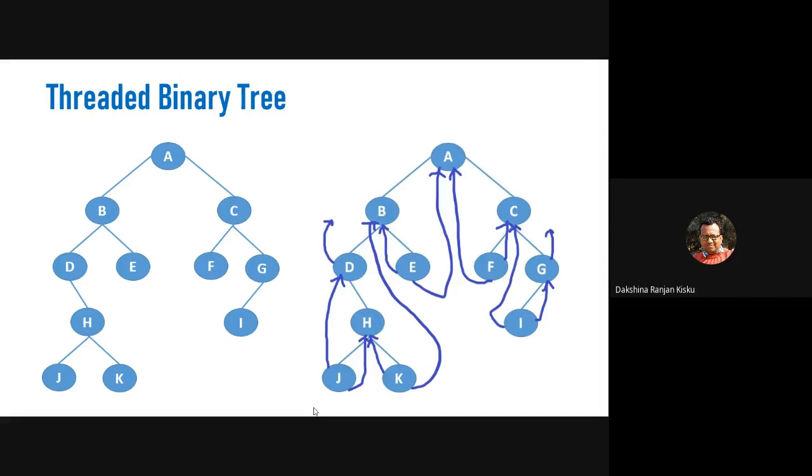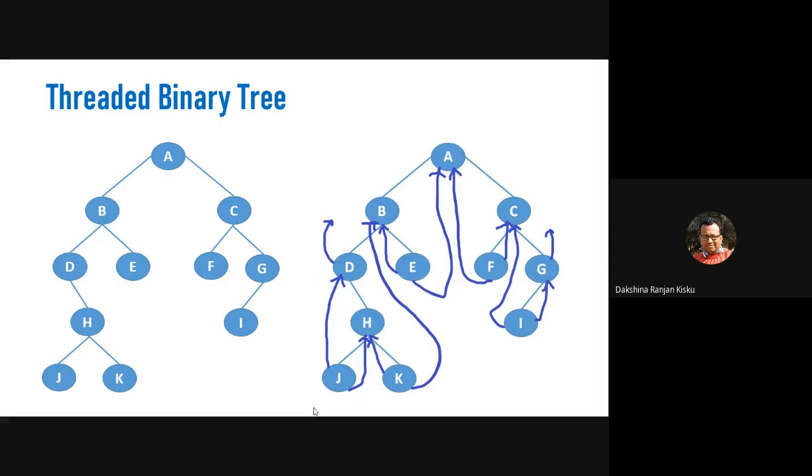Now here you can see that on the left hand side we have been given a binary tree. On the right hand side, on the same binary tree, we have two different types of edges.